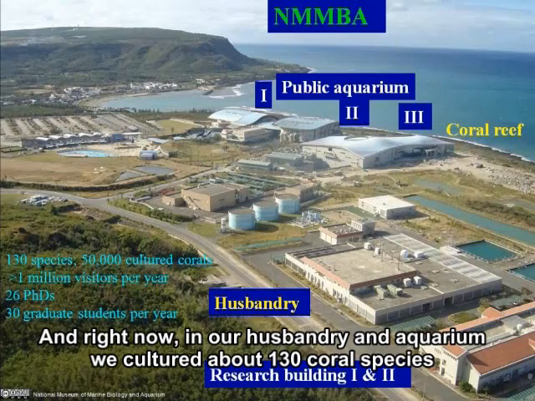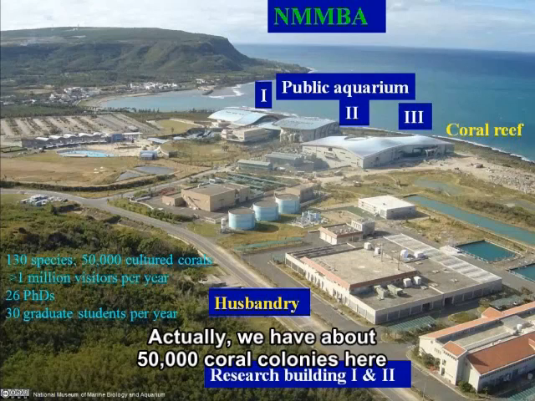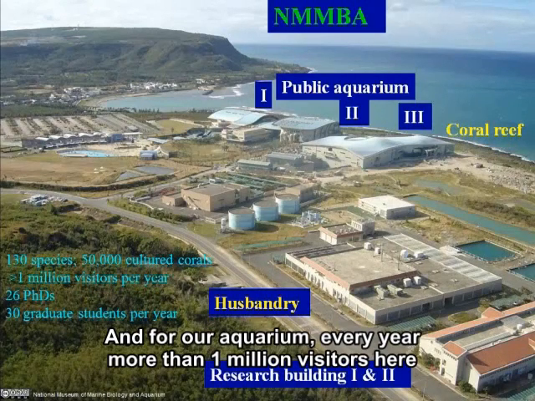Right now, in our husbandry and aquarium, we have about 130 coral species. Actually, we have about 50,000 coral colonies cultured here. And for our aquarium, there are more than 1 million visitors every year.